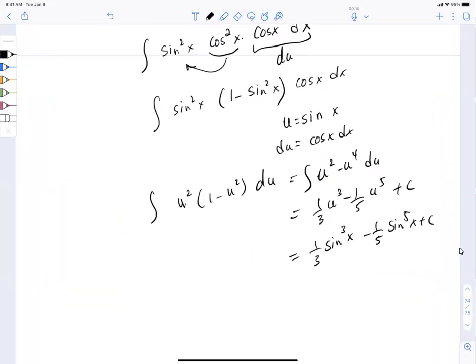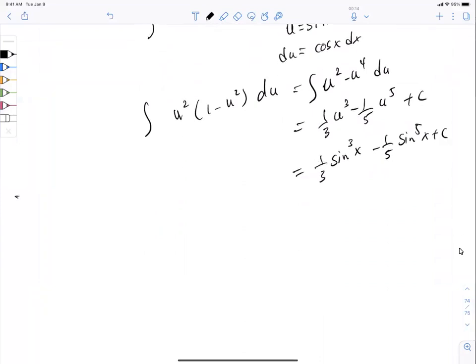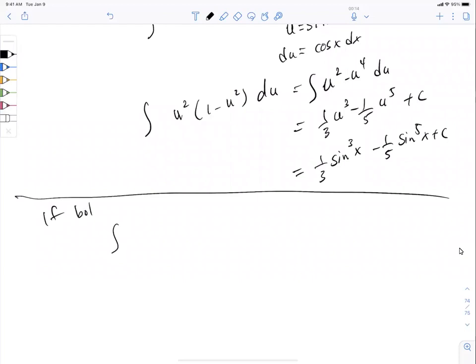The one that's a little bit less pleasant is if they're both even. Then you have to do reduction of order, but I suggest first converting them to the other function and then doing reduction of order.